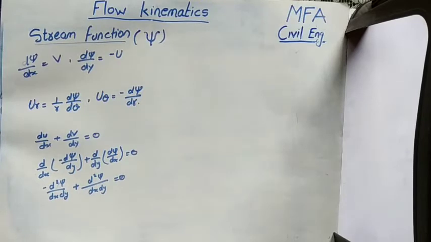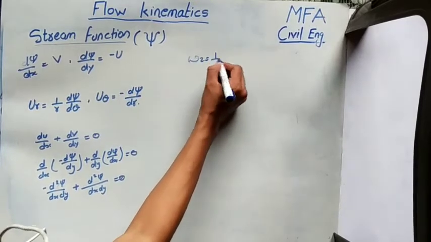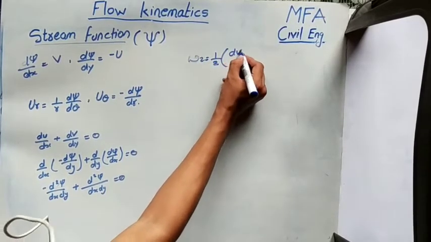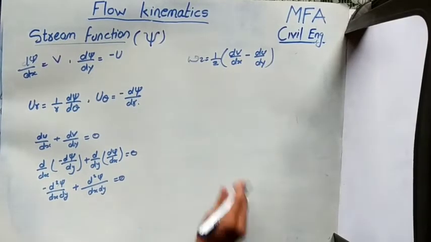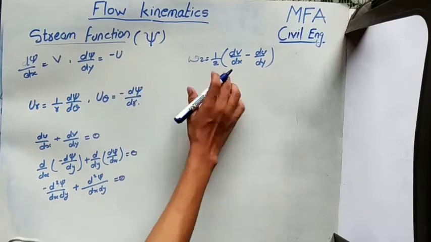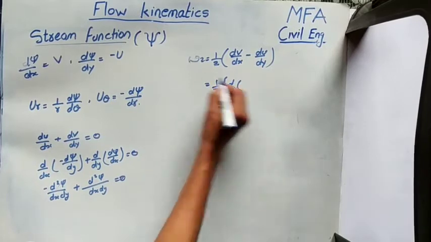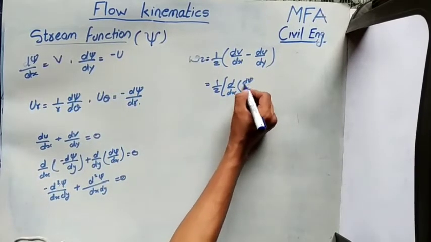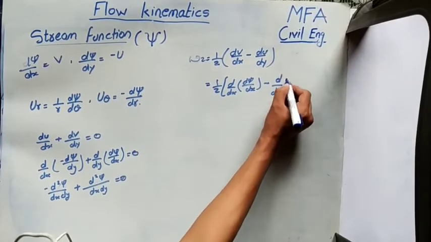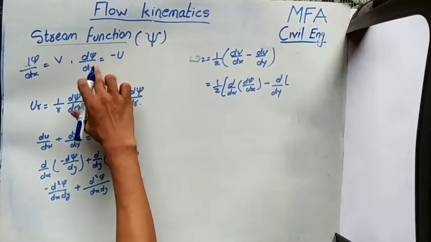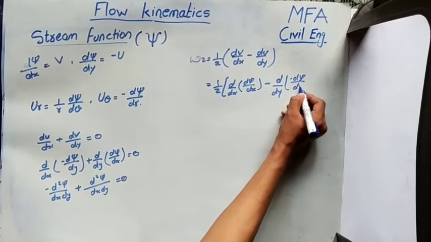The fluid flow may be rotational or irrotational. The value of the rotation in the z direction is given as 1 upon 2 into dv by dx minus du by dy. Now putting the values of v and u in this equation, we get 1 upon 2 of d by dx of v, meaning d psi by dx, minus d by dy of u, meaning minus of d psi by dy.